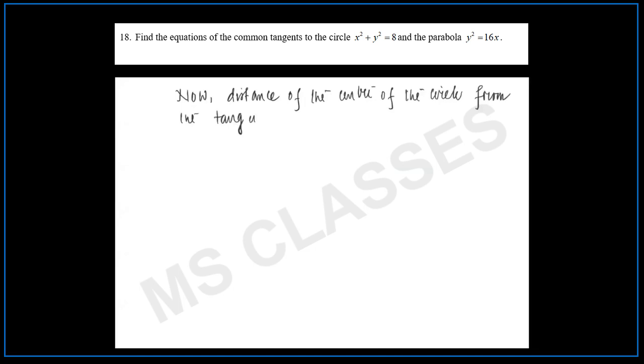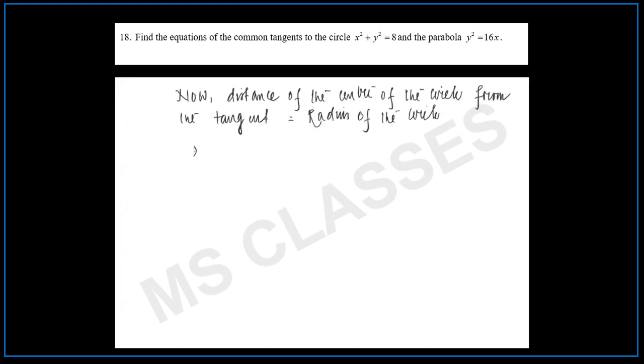Now the distance of the tangent from the center of the circle is equal to the radius of the circle. Now the center of the circle is the origin.